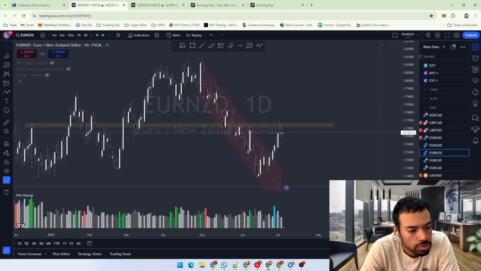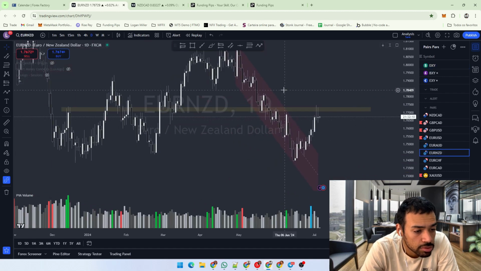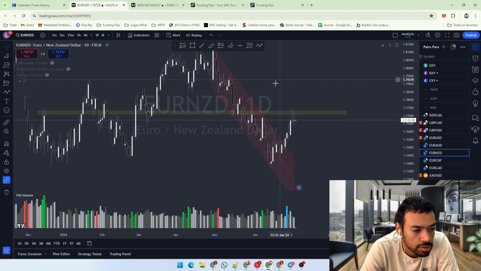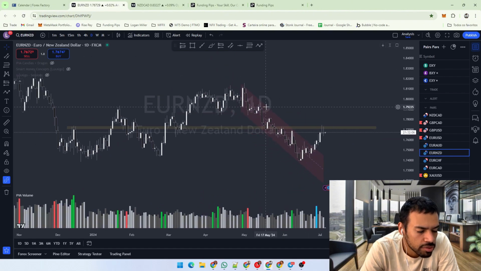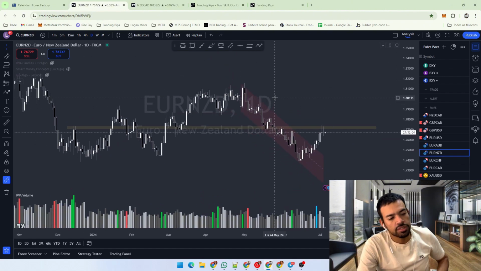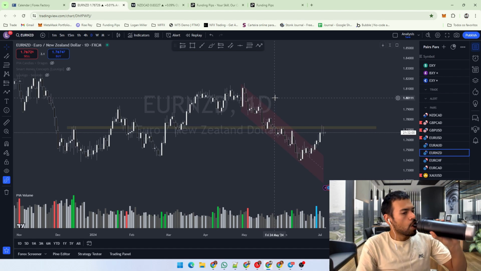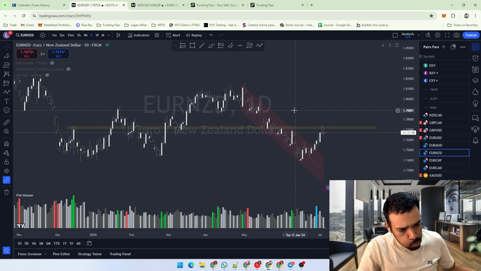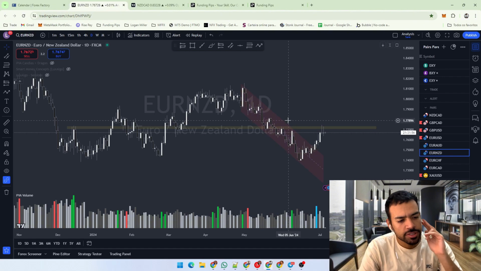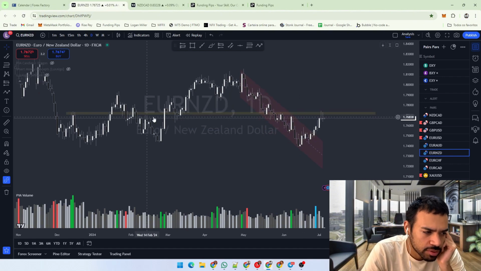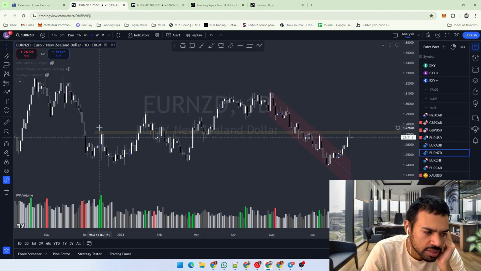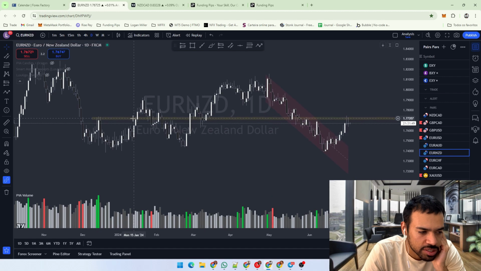Let's go to Euro NZD. Oh, Euro NZD is a good area. Euro NZD, we have this downtrend on daily. I have this downtrend right here, and I trace this region like resistance.